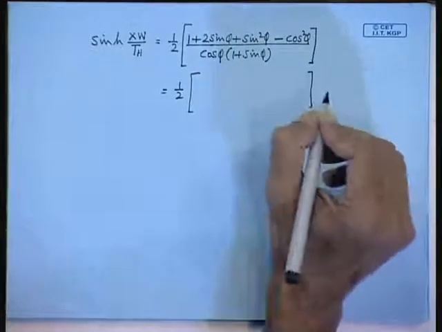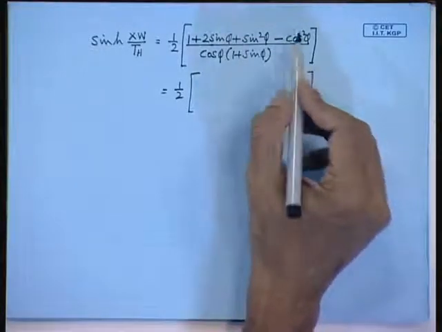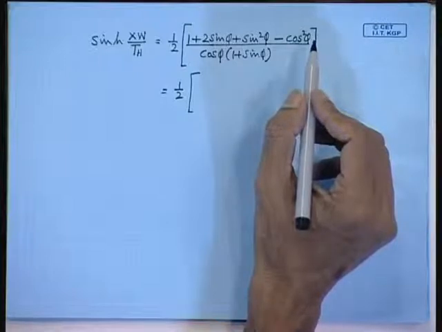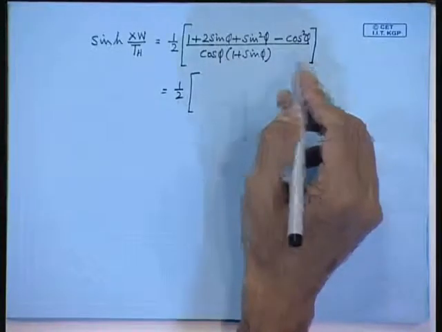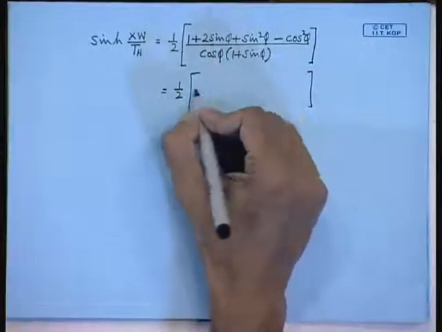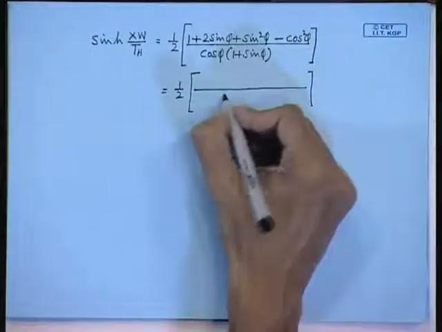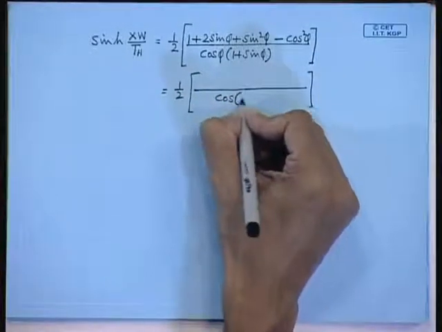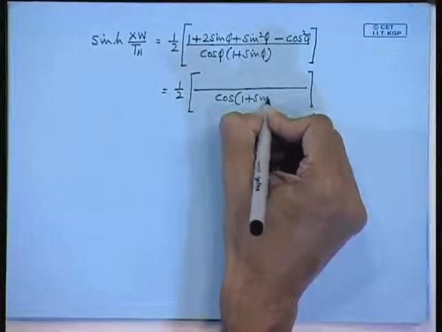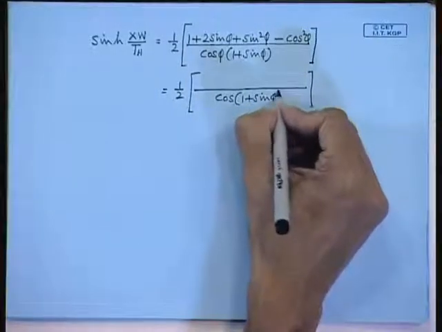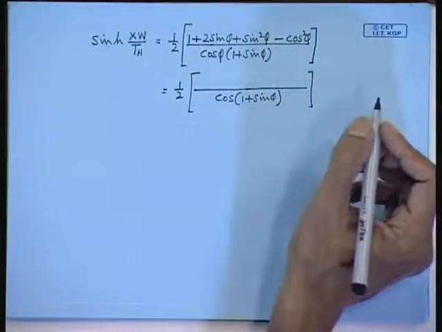Now numerator, what is the value of this? So denominator is still cos phi into 1 plus sin phi. So you will find that 1 plus sin phi you can bring it out.